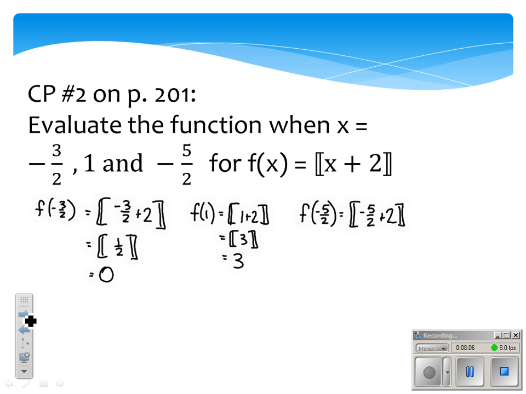If we evaluate -5/2 plus 2, we get -1/2. The integer less than or equal to -1/2 is going to be -1. So there are the 3 values that we would get for that function.